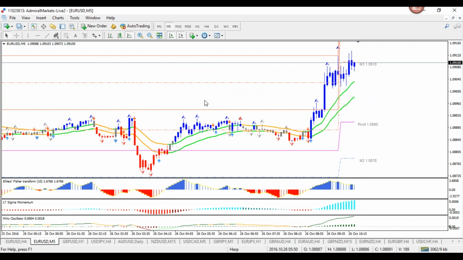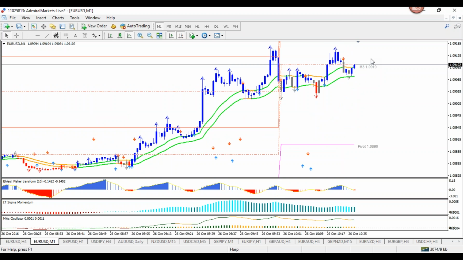5 minutes showing the same thing. Let's dive into the 1 minute chart. Price is at the M3 at the moment. And wait, these arrows, seems to be something wrong with these arrows.